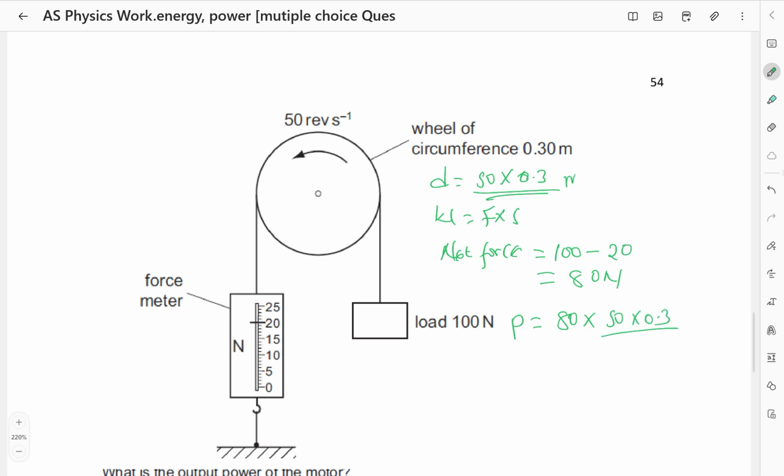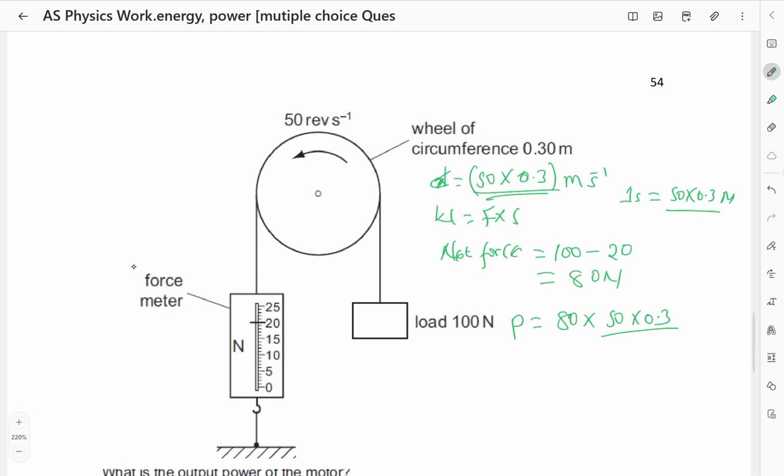This distance is in meters per second, which is actually velocity, or speed, because in 1 second it makes 50 revolutions, and each revolution is 0.3 meters. So in 1 second it makes 50 times 0.3 meters. So meters in 1 second, that is velocity.